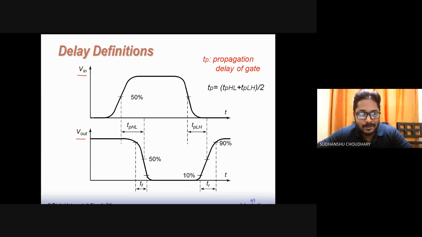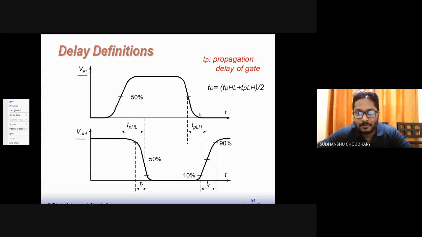When the input goes from low to high, the output transitions from high to low. Similarly, when the input transitions from high to low, the output of the CMOS inverter goes from low to high. Now, propagation delay is calculated by this analytical expression, that is (TPHL plus TPLH) by 2.